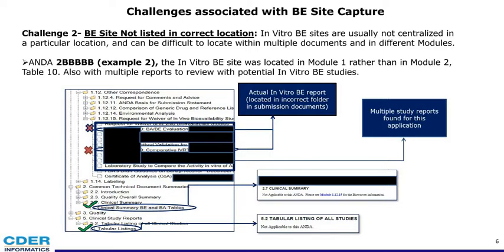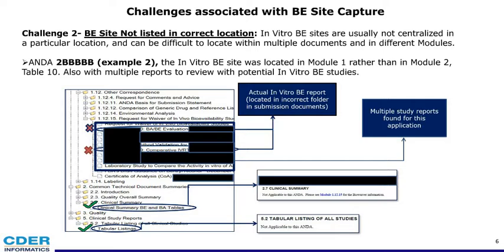The second example we have is also kind of challenging. In a lot of cases, we have an in vivo waiver because we don't need an in vivo study. But you may still have an in vitro study, right? You still have an in vitro study B site that may need to be inspected. In this case, there's no information in module 2.7.1.